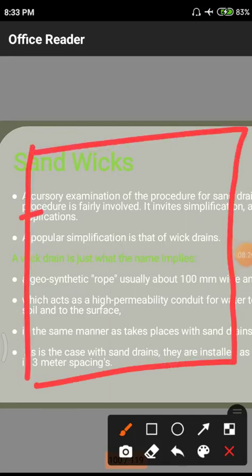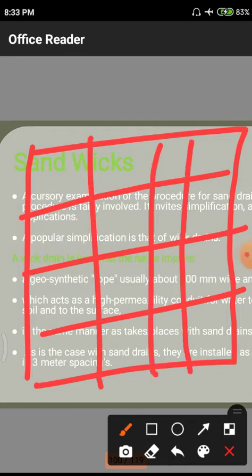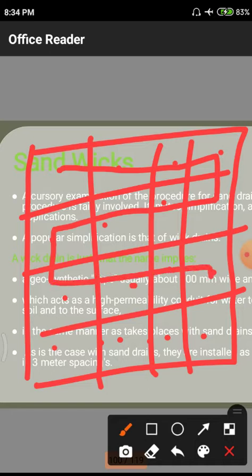Suppose it is a land. In this land we divide it into a number of parts, 1, 2, 3, 4, so that in every part we have different points, and we collect those points using this rope. It is the starting point, and it is the ending point.